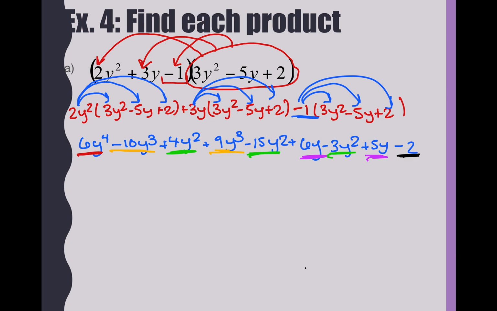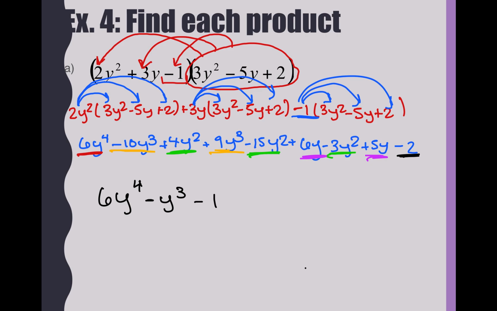So my final answer is going to be 6y to the 4th. Let's see my y cubed. I have a negative 10y cubed and a 9y cubed. When I add those together, that's just negative y cubed. And then I have a 4y squared minus 4y squared minus 15y squared plus 3y squared.